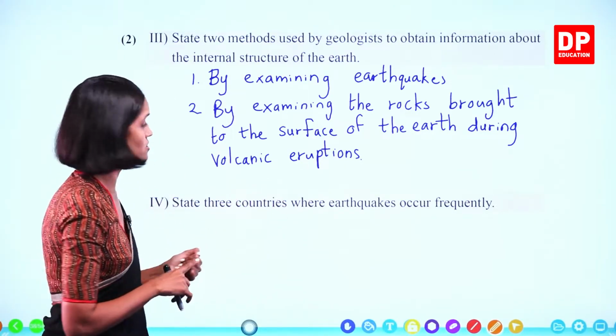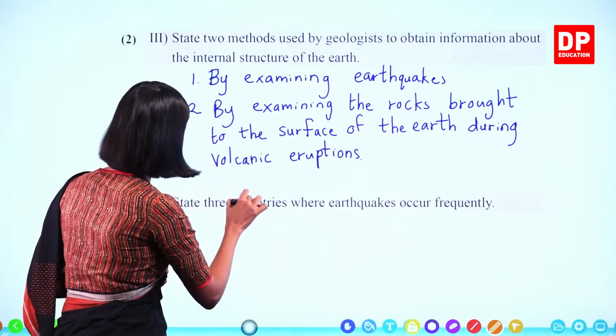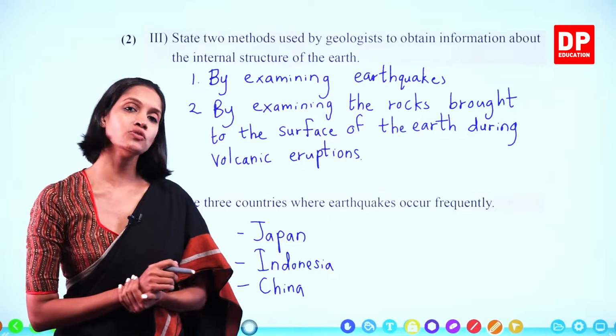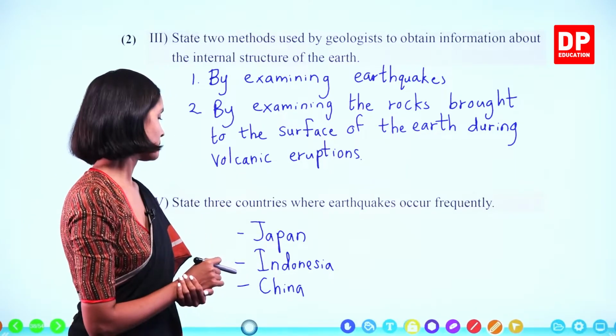Nepal is another country. Let's write 3 countries: Japan, Indonesia, China, the USA. You can write those names, okay?